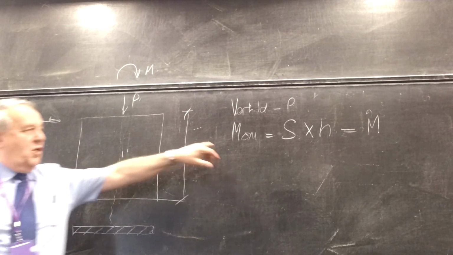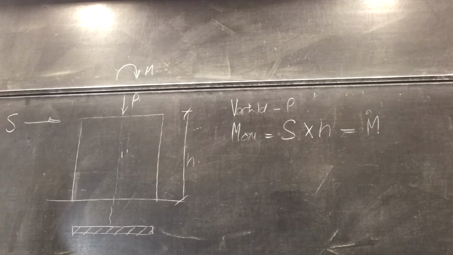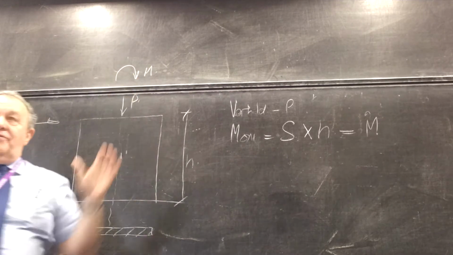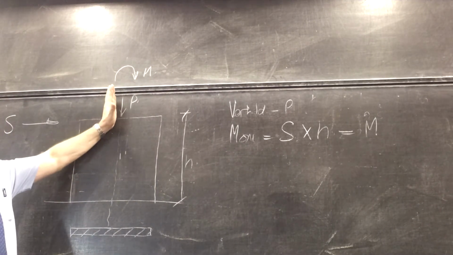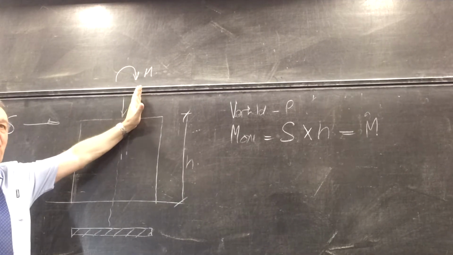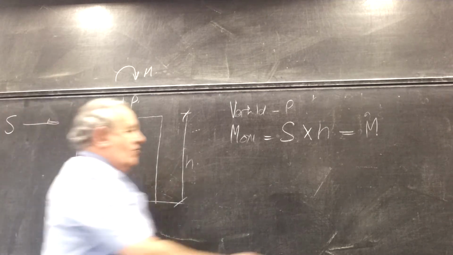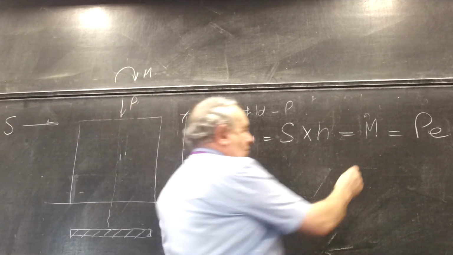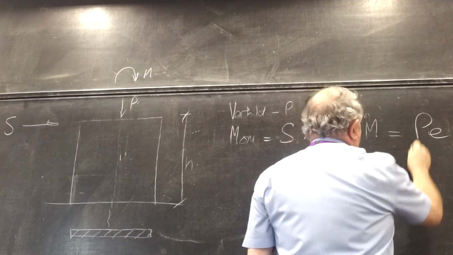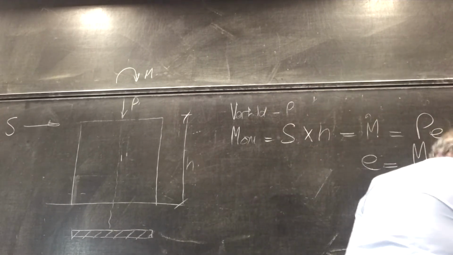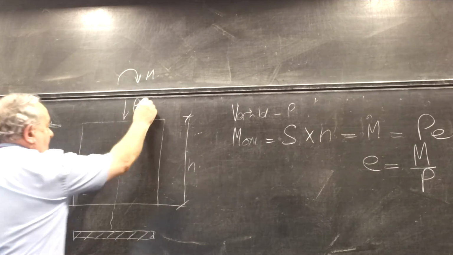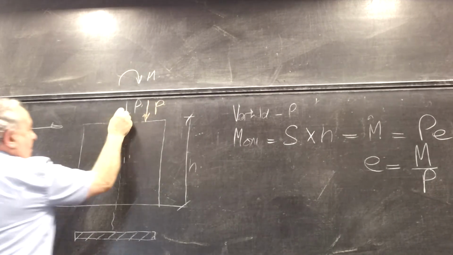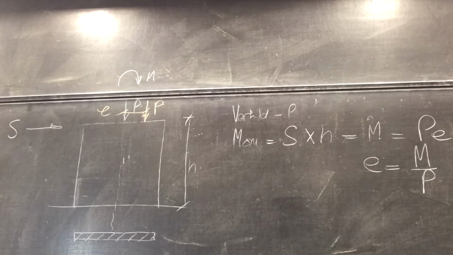So we've got moment is S times H, which we could call M. Now once you've got a P and an M, you can think of that as effectively shifting this load over that way by an eccentricity E, such that M is equal to P times E. So the eccentricity is equal to M over P. So we can replace this situation by just putting the load there, where this distance is E, the eccentricity.